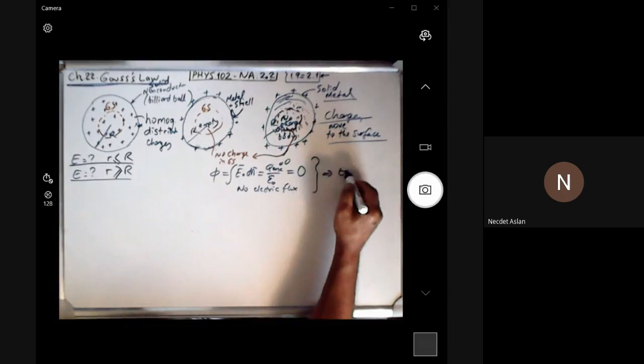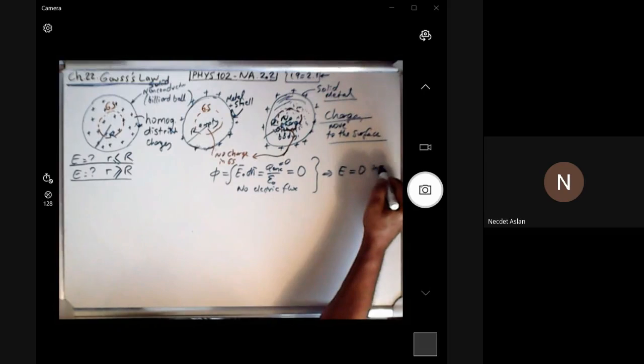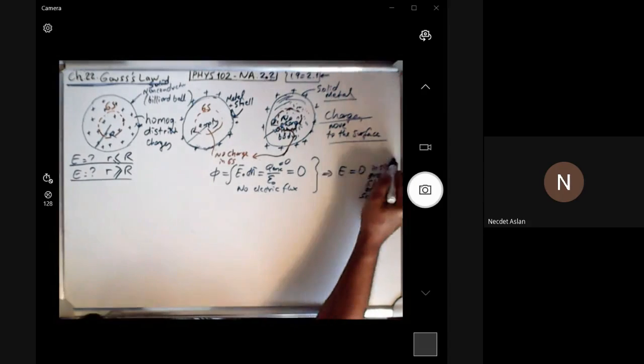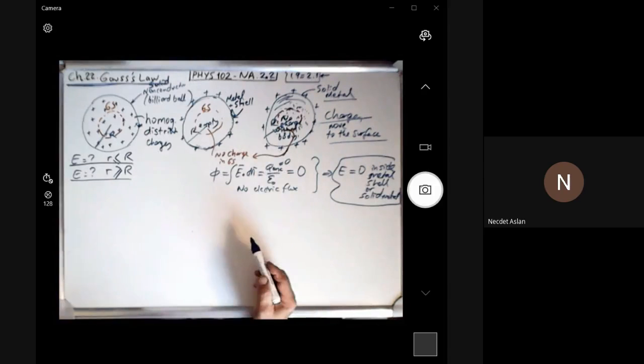the electric field is equal to 0 inside a metallic shell or solid metal. Electric field is always 0.